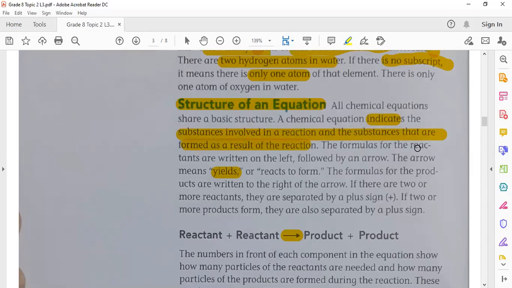The formulas for the reactants are written on the left, followed by an arrow. The arrow means yields or react to form. The formulas of the products are written to the right of the arrow.